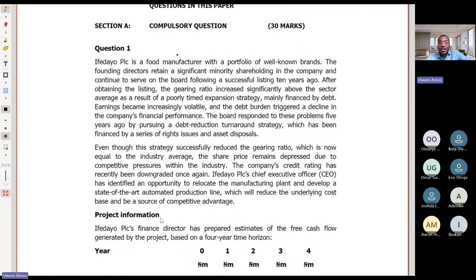Earnings became increasingly volatile, and the debt burden triggered a decline in the company's financial performance. The board responded to these problems 5 years ago by pursuing a debt reduction turnaround strategy, which has been financed by a series of rights issues and asset disposals.